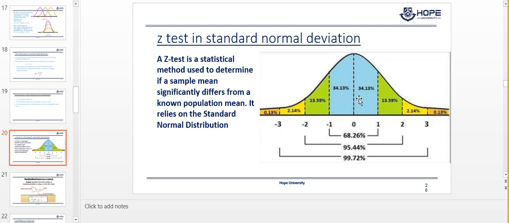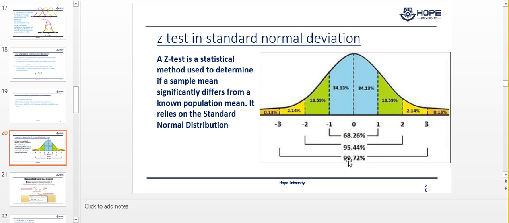That means the combination of them should be 68 and something. The next green ones is 13.59. The fourth one should be 2.14, and the last one is 0.18. Combined, section 1 is 68.28%.